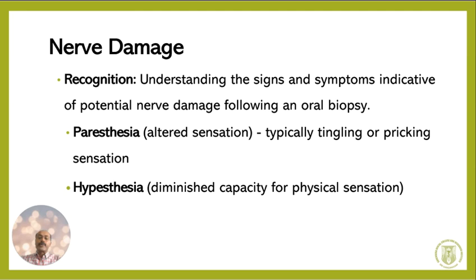Paresthesia is basically altered sensation. A typical tingling or prickling sensation can be felt by the patient. Hypoesthesia is another thing which can be seen. It is basically diminished capacity of physical sensation for the patient.